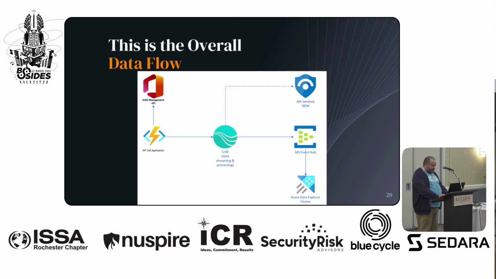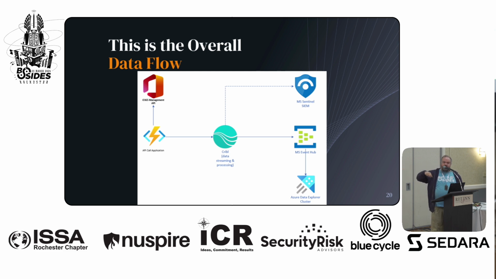If you see in the top left up here, the Office 365 Management API is represented there. Let's go over here. So the API web application is going to be on the left there. That's going to reach out to the API. It's going to get the data. It's going to forward that into our data shaping solution, Cribl, which is there in the middle.